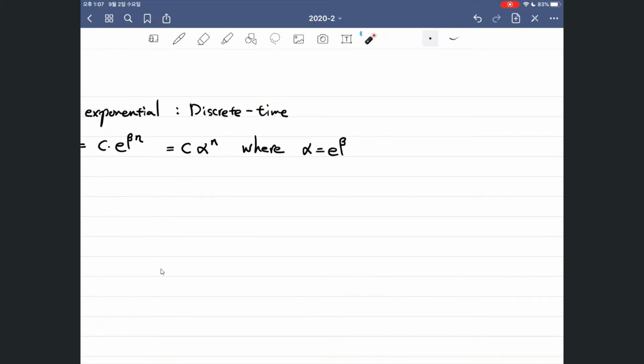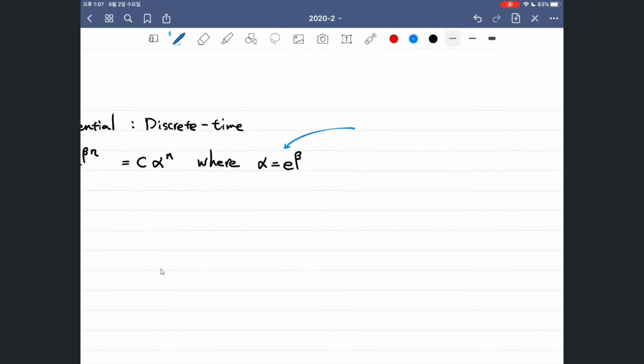And you can write this relationship in terms of beta, which will now include the natural log of alpha.